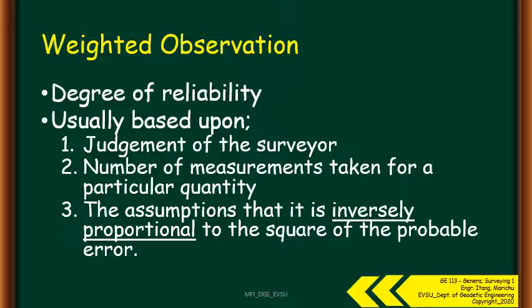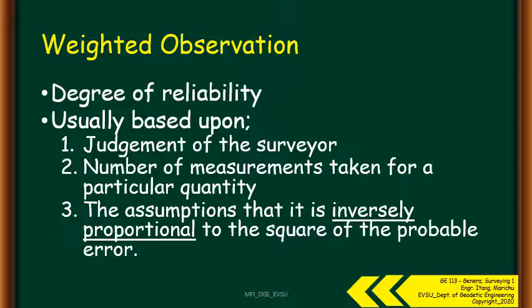Number of measurements taken for a particular quantity. For example, nag-measure ka ng distance, 10 times mo siya tinry na sinukat, compared sa isang beses mo lang siya sinukat. Siyempre, mas preferred mo yung mean na makukompute natin sa 10 beses mo siya sinukat. So, mas bibigyan mo ng malaking weight si number of observations na higher.